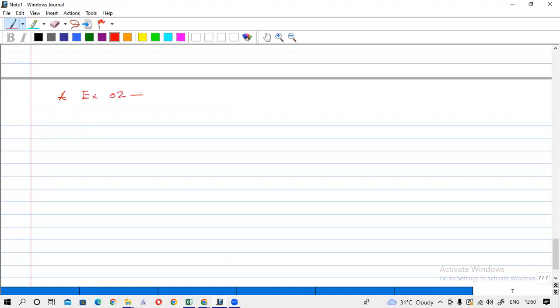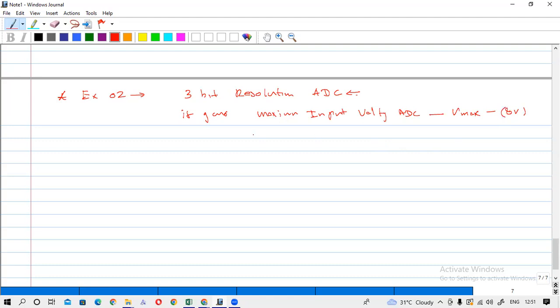Example 2. If you have a 3-bit resolution ADC, and if your maximum input voltage to the ADC, let's say V max, is 8 volt, and the minimum input voltage to the ADC, let's say V min, is 0 volt.